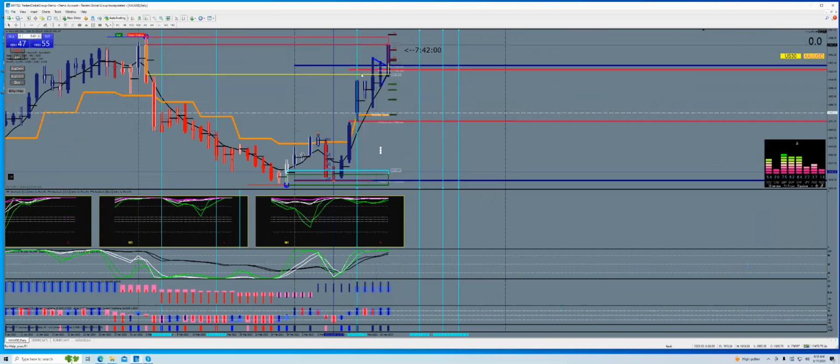So we have two things going on here. Not sure when this weekly range started, but I know we have a monthly range, which is this blue line. It started over here. When you go right here, it bounced off the monthly range.